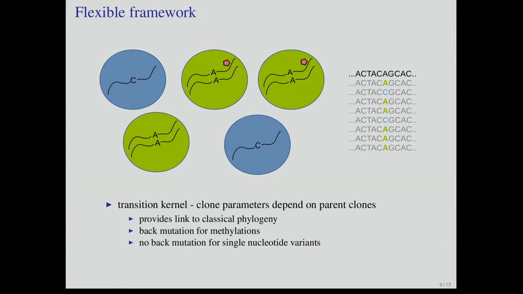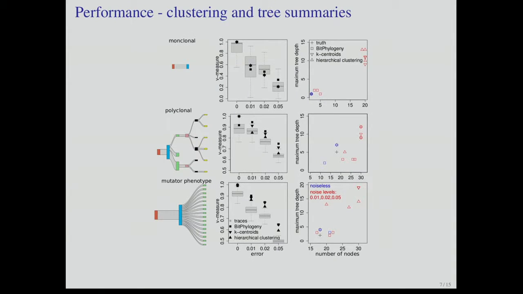For example, if we look at methylation data, which we're going to do later, back mutation is something that cannot be ruled out and is even fairly common. If we look at single nucleotide variants, back mutation or multiple mutations is relatively rare, and we can try to rule it out in the transition kernel.